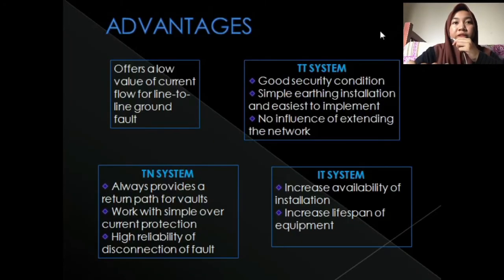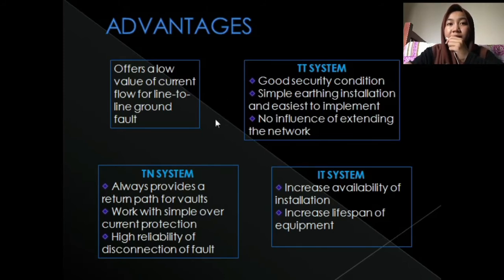Next, for advantage, the earthing system offers a low value of current flow for line to ground fault. The value is 5 amperes or less.